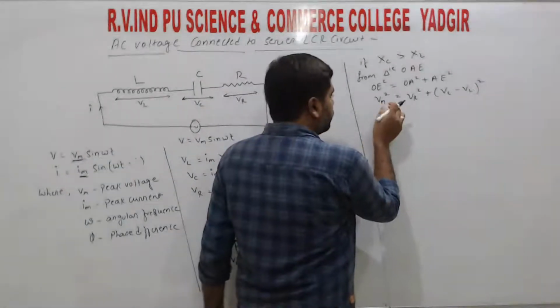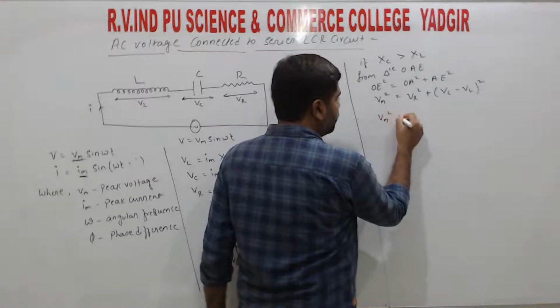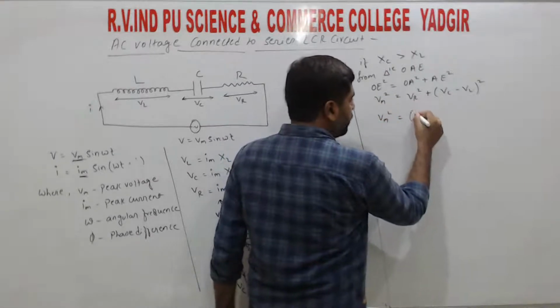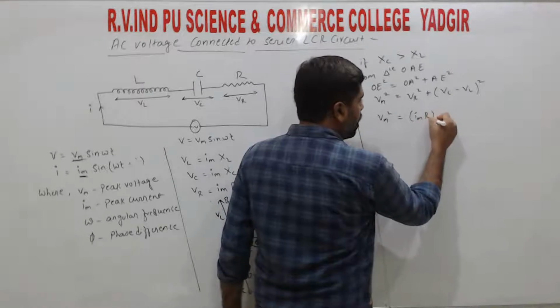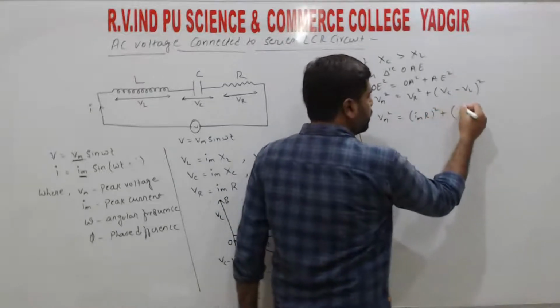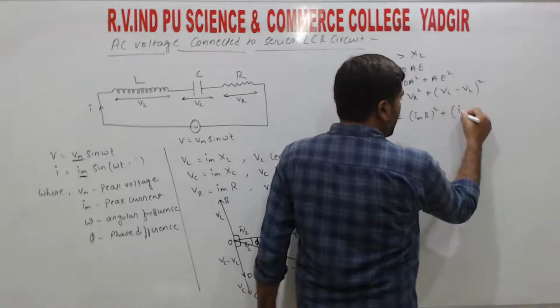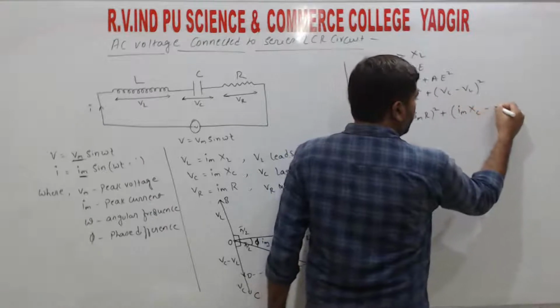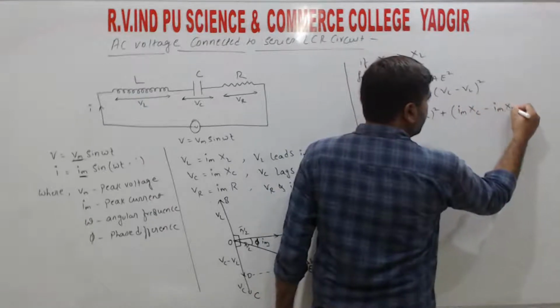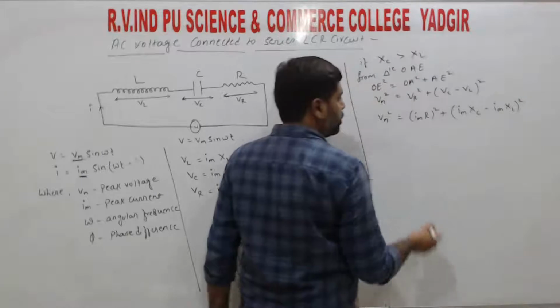So Vm square is equal to VR, we can write Im R whole square, plus VC, we can write Im Xc minus Im XL whole square, right?